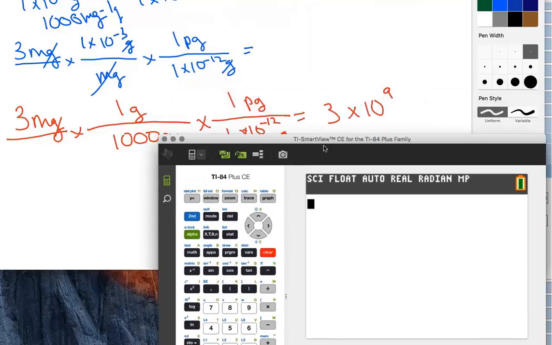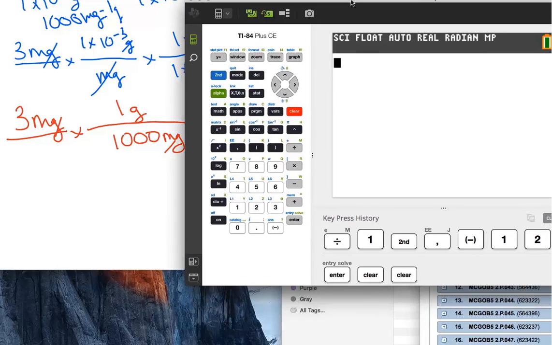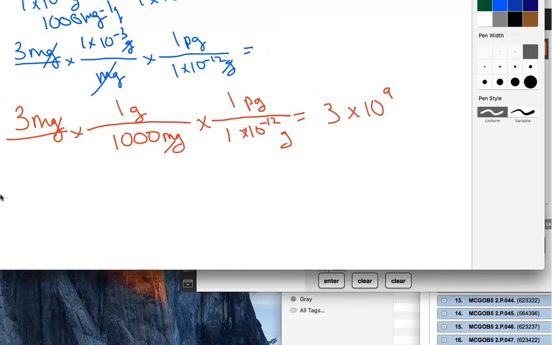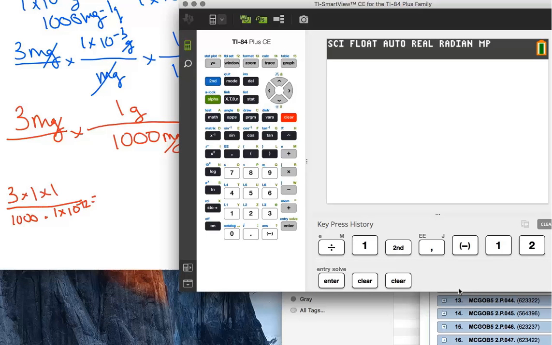What we're going to do though, and I'll write it down here, maybe I can just fit this in here, we'll say we want to get, the math is going to be 3 times 1 divided by 1,000 times 1 times 10 to the minus 12, and that'll be our answer. So maybe that'll help a little bit. So we're going to write this down. We're going to say we have 3.